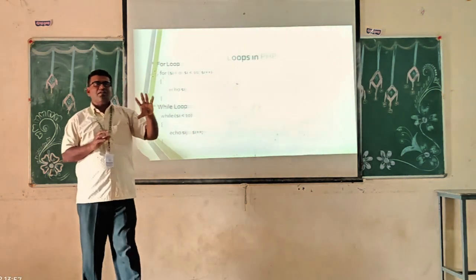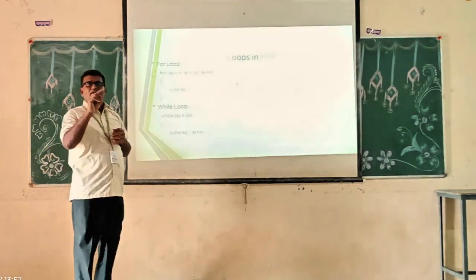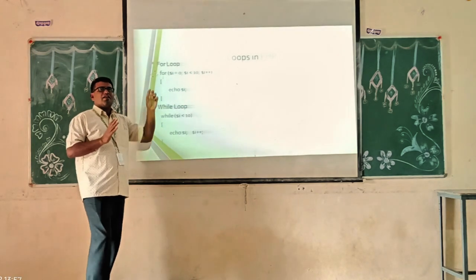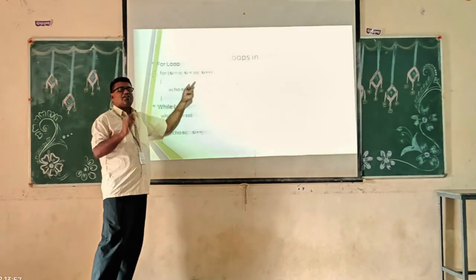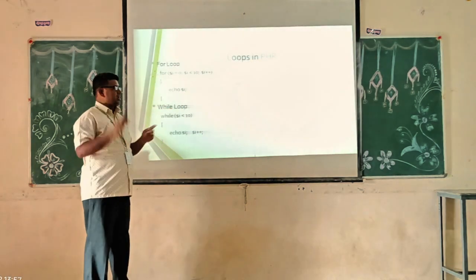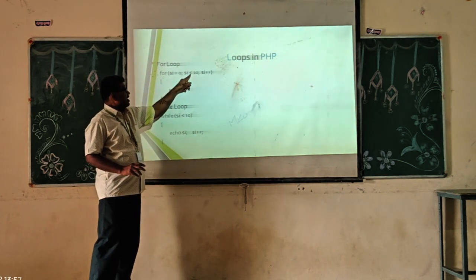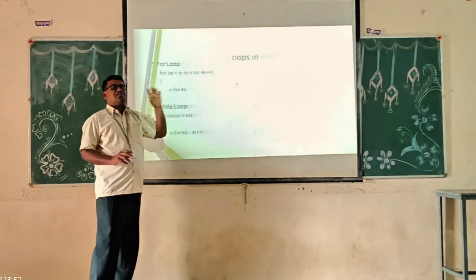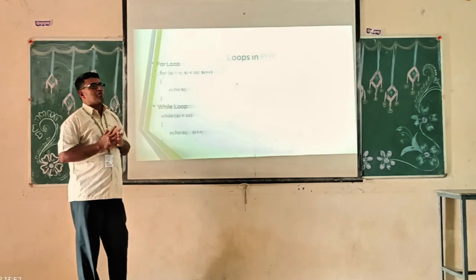Similarly in C language, declaring for loop: for I equal to 0, I less than 10, I plus plus. The same thing in PHP, but each and every variable is declared with a dollar sign: dollar sign I equal to 0, dollar sign I less than 10, dollar sign I plus plus. So each and every variable uses the dollar sign in PHP.